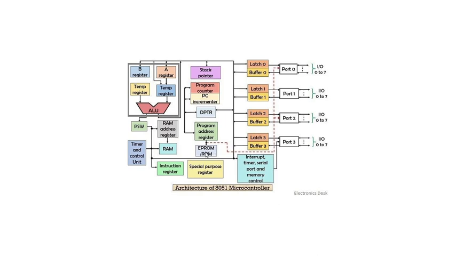Along with this, we will have some input output ports, that is serial input output ports, some special function registers or special purpose registers, and a control unit or control logic. This is the complete internal architecture of the 8051 microcontroller.